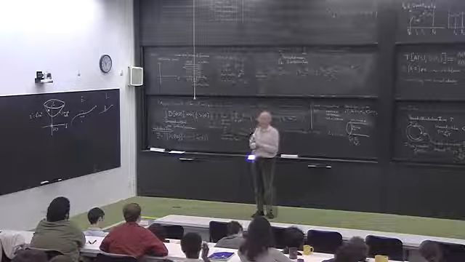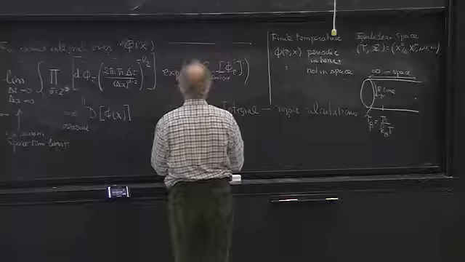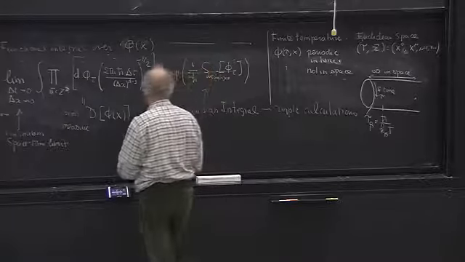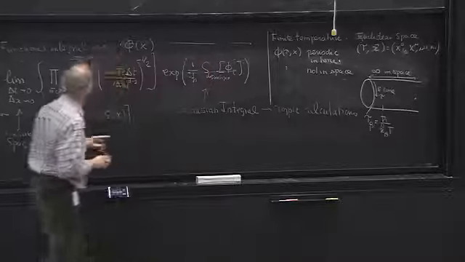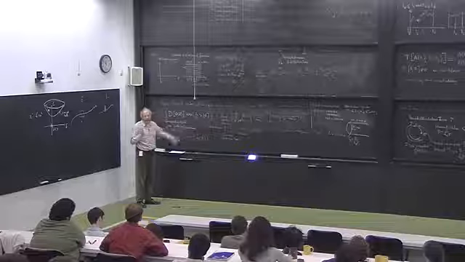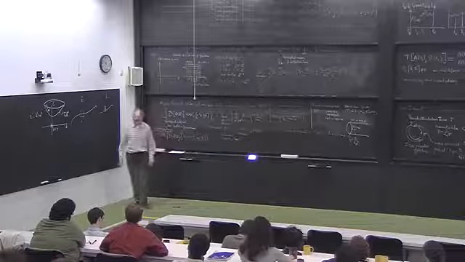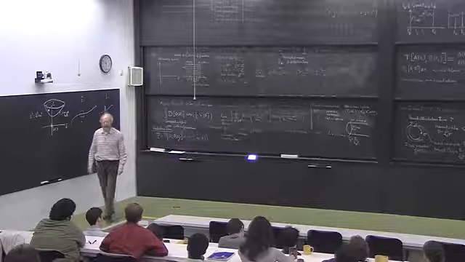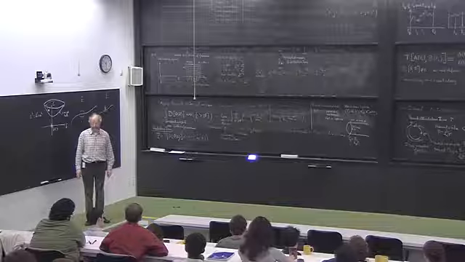Okay. So, tomorrow, we'll see how, starting from this seemingly very abstract and complicated path integral, we can compute very easily a lot of observables of the free quantum field.